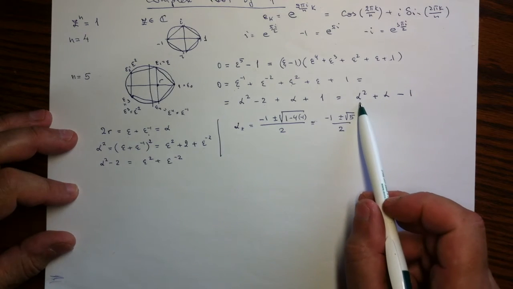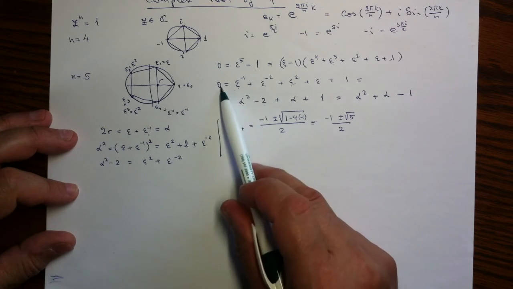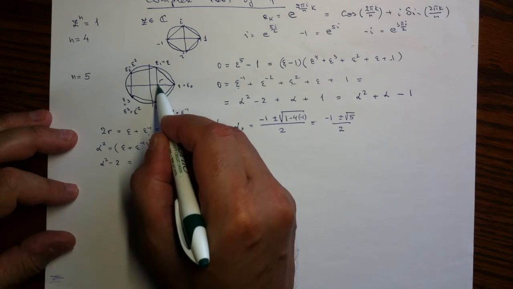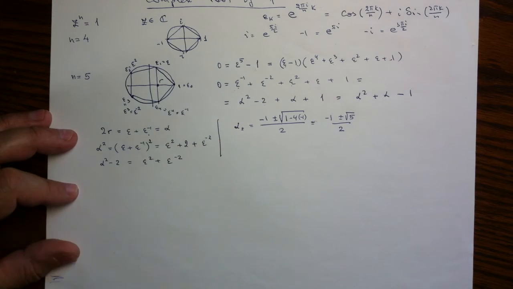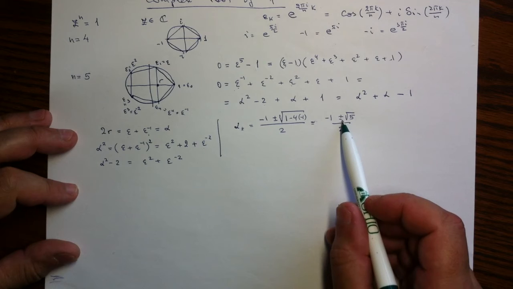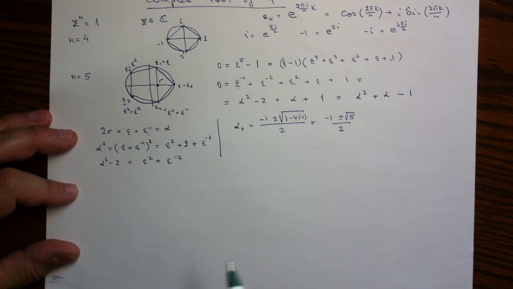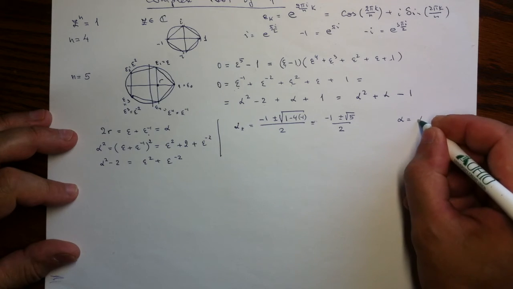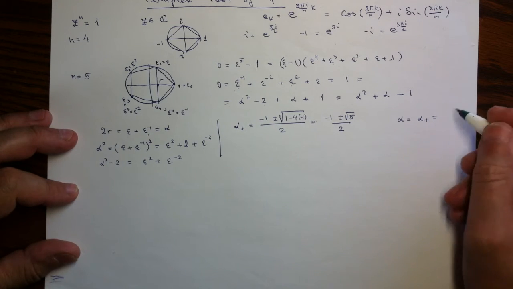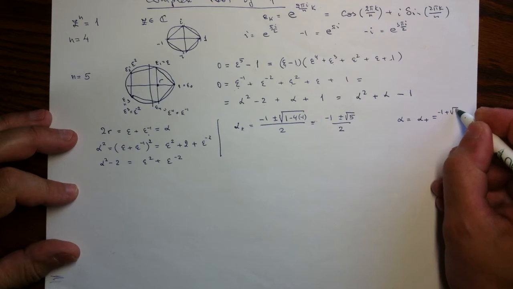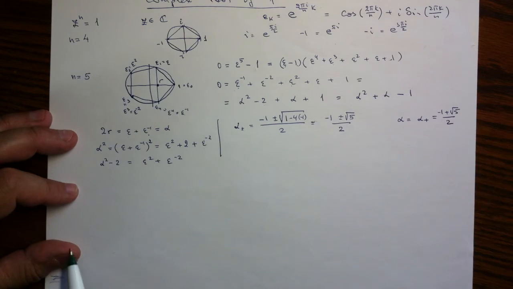And these are all roots of this equation, but we're interested in a positive number here. Definitely it is going to be a positive number. So we have to choose the positive root because one root is positive, the other is negative. So our alpha is this positive root, and it is equal to negative 1 plus the square root of 5 over 2.